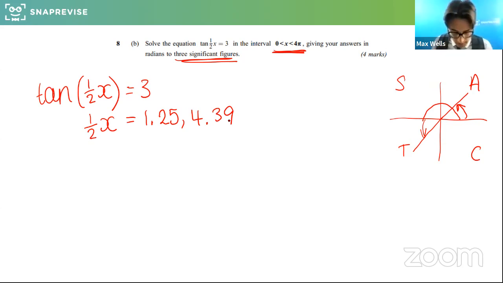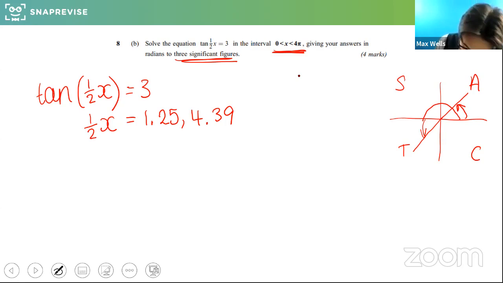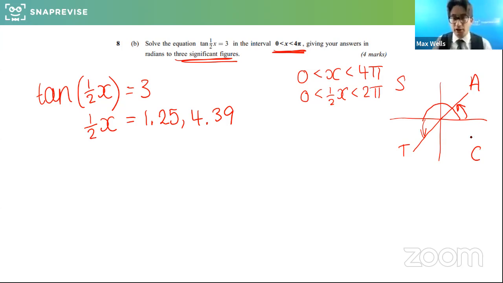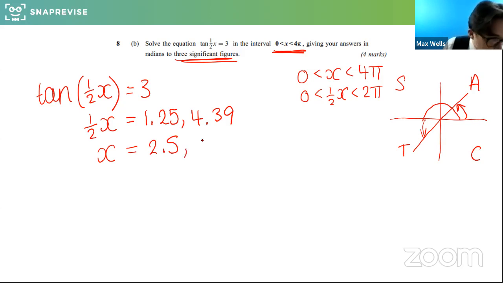Okay, and if we're looking at 0 to 4 pi for x, something to bear in mind is that for a half x, we only really need to look round as far as 2 pi. So we don't actually need to go beyond that point. Okay, so if that's a half x and I want x, then I double both of those and get x is equal to 2.5 and 8.7. Hopefully that's clear.